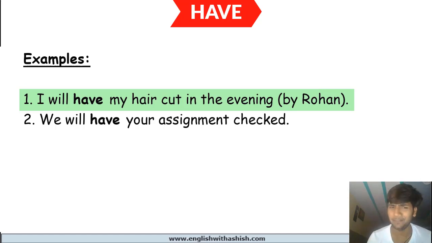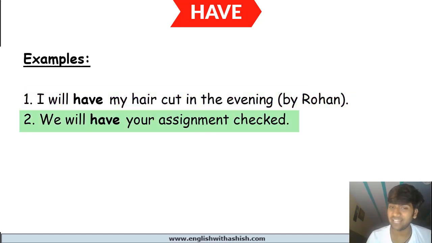right? Another example, we will have your assignment checked. Somebody's going to do that, but that's not important. The person who will do this action is not important, but the thing that is going to be acted upon is important, and that is your assignment. We will have your assignment checked.